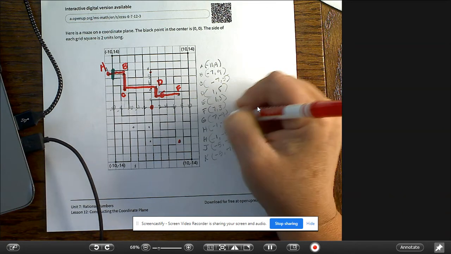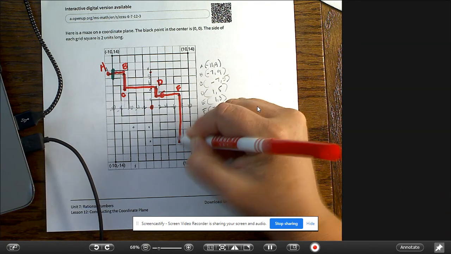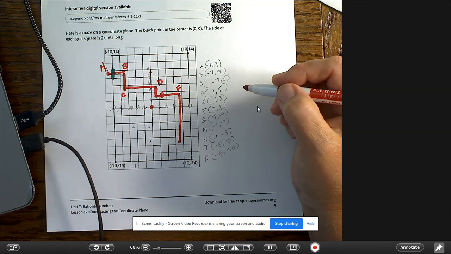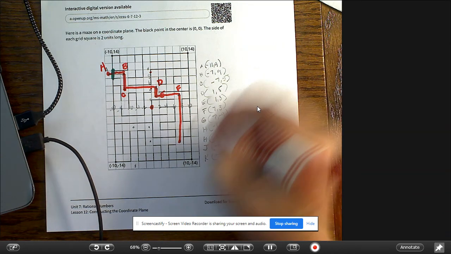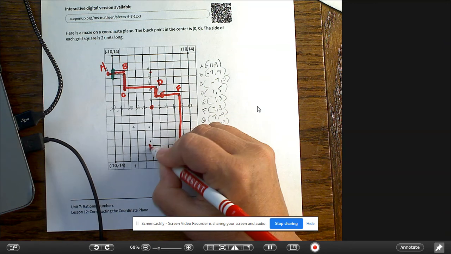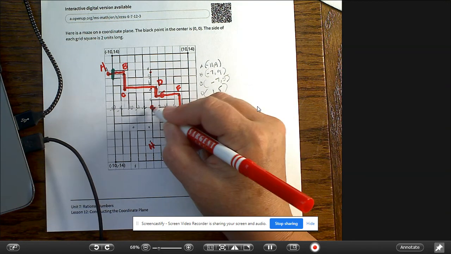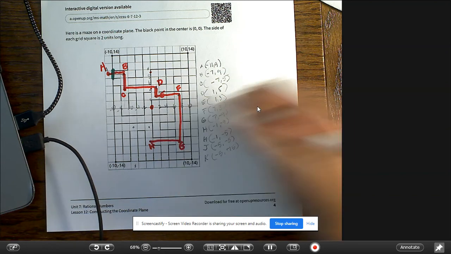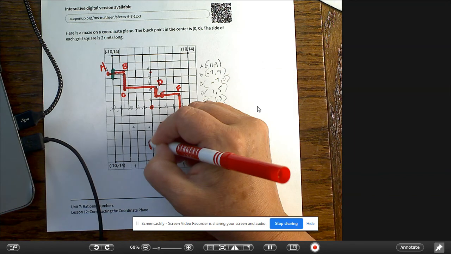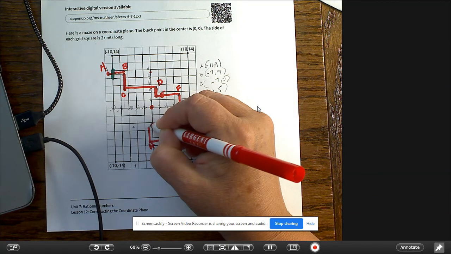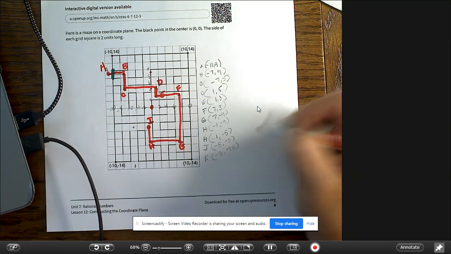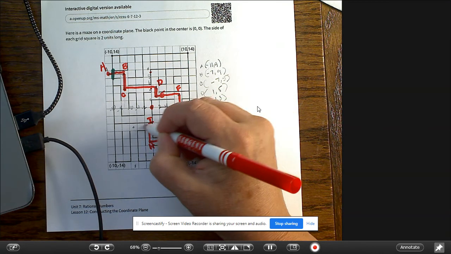So that's G is 7 and negative 9. And then point H is here, and that's negative 1, negative 9. And then I is negative 1, negative 5.